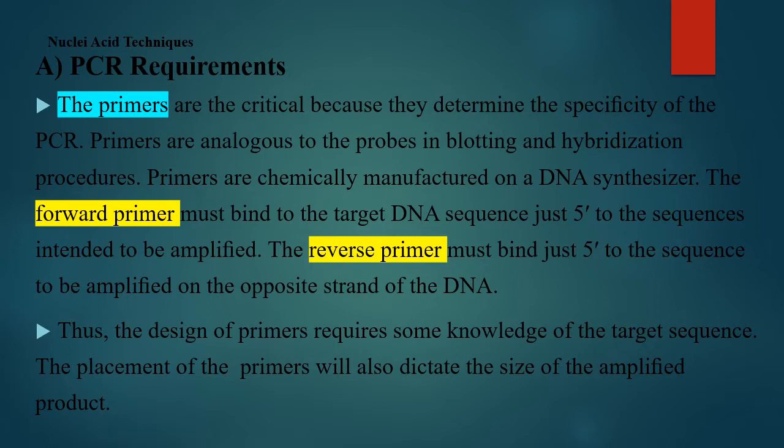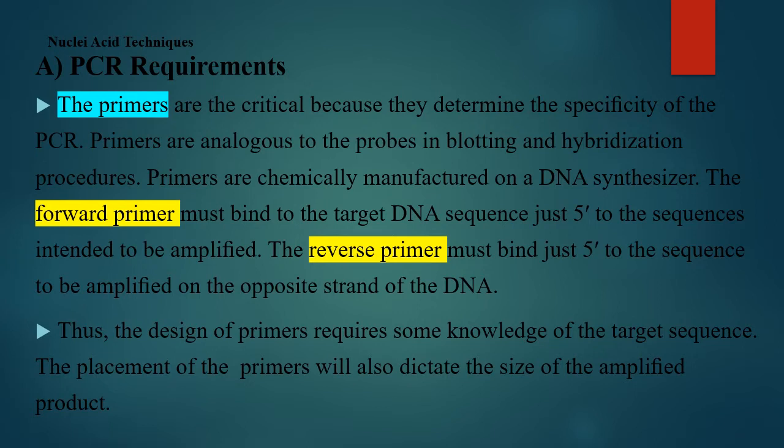Now, for a DNA, you have a strand, a double helix. When this is open, you have two strands. If you want to copy that portion, you need to copy the top, and you need to copy the down. So this is what your primers do. The forward primer must bind to the target DNA sequence in the 5' direction.